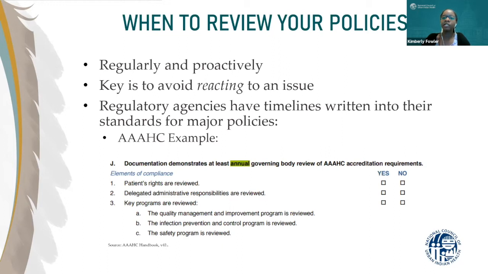So it's really nice in supporting you on reviewing in a timely way, and they have a checklist to understand if something has been reviewed on an annual basis, or what's needed for an annual basis review, I should say. It identifies that with a checklist box. Regulatory agencies are written into the standards, as AAAHC also does.